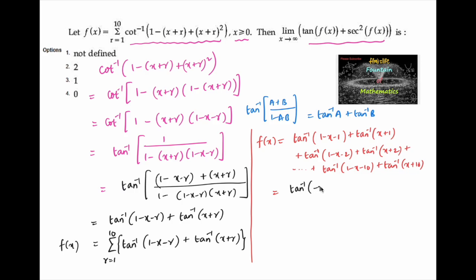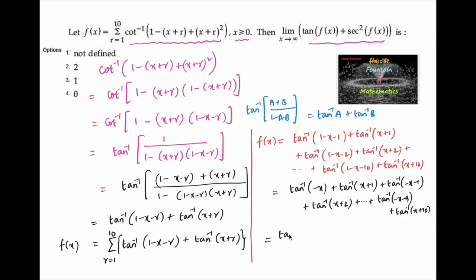tan inverse of negative x plus tan inverse of (x plus 1) plus tan inverse of (minus x minus 1) plus tan inverse of (x plus 2), and so on up to tan inverse of (negative x minus 9) plus tan inverse of (x plus 10).